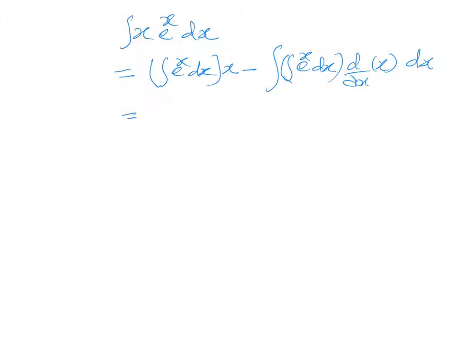So this becomes x times e to the x minus the integral of e to the x dx, which is x times e to the x minus e to the x plus a constant.